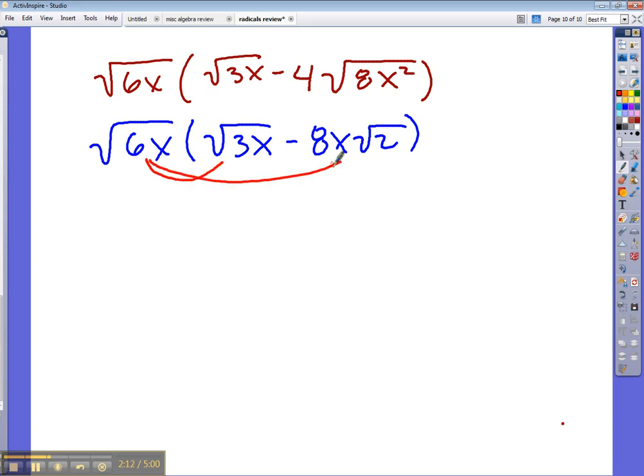So the square root of 6x times the square root of 3x is what? The square root of 18x squared, minus, what is the square root of 6x times 8x times the square root of 2?